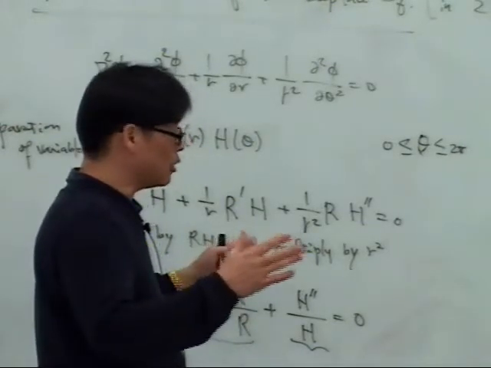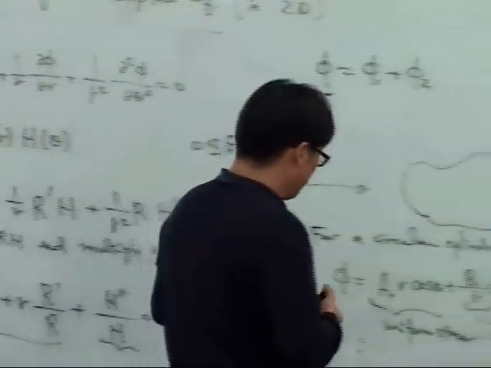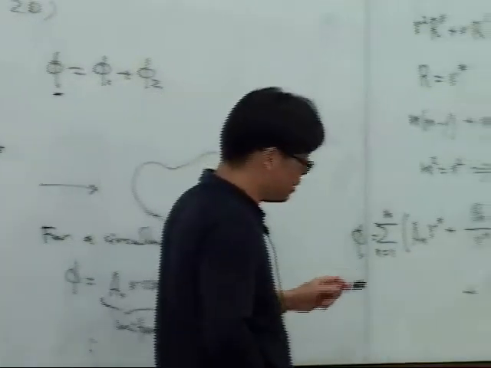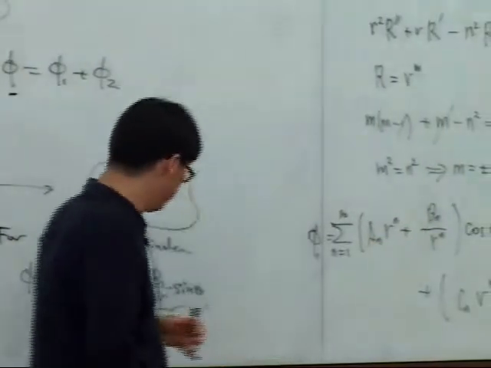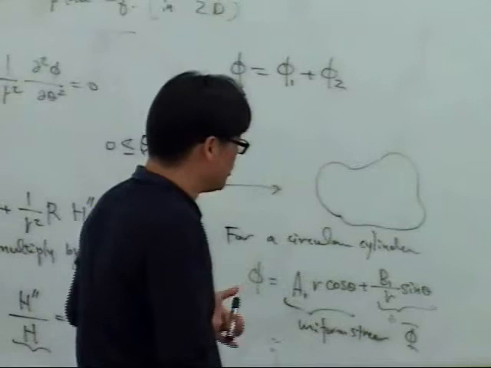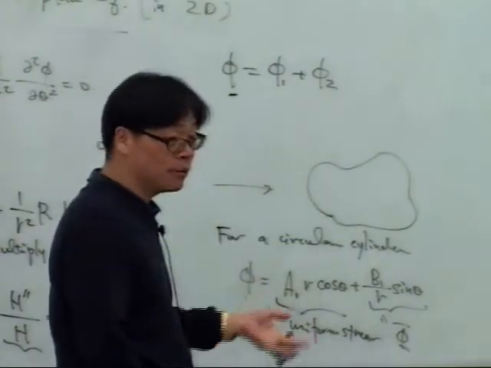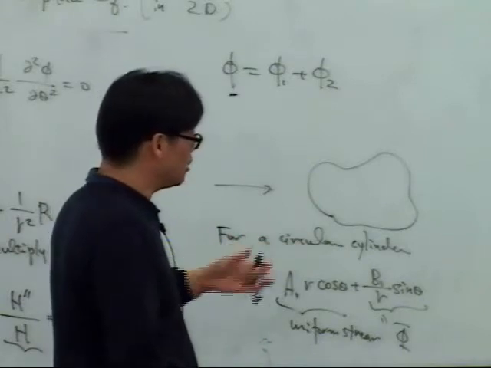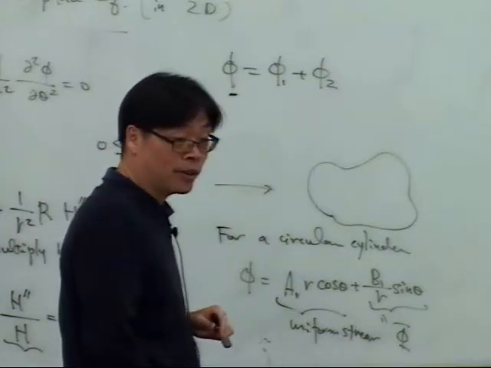So you just take a finite number of terms and impose boundary conditions approximately to find the coefficients of these series. Okay, but in general, if you use the infinite number of terms, then you can represent any flow around a cylinder of arbitrary cross section.